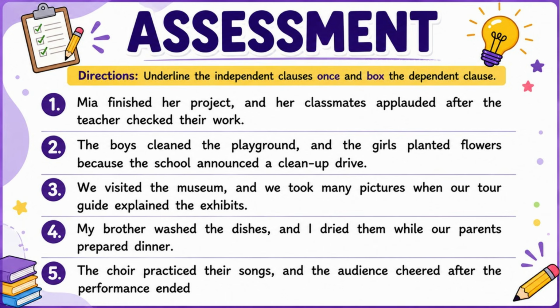We visited the museum and we took many pictures when our tour guide explained the exhibits. 4. My brother washed the dishes and I dried them while our parents prepared dinner. And number 5, the choir practiced their songs and the audience cheered after the performance ended.